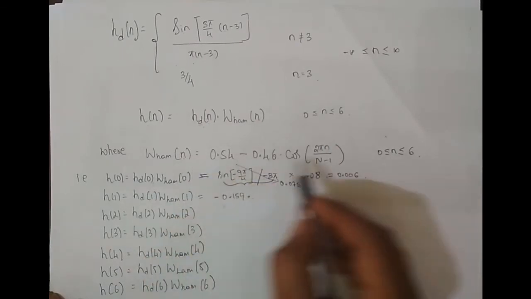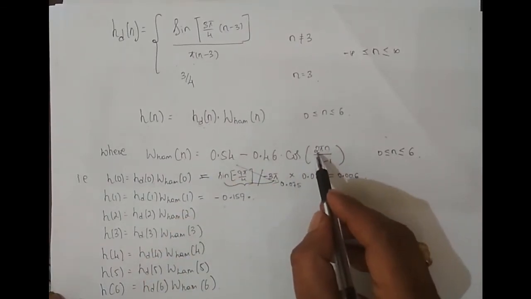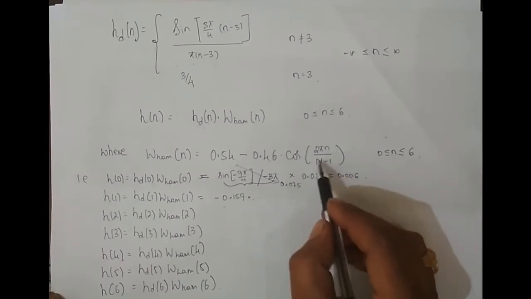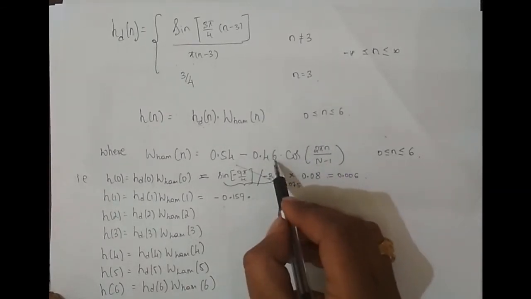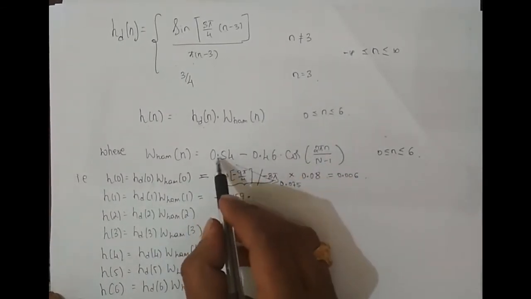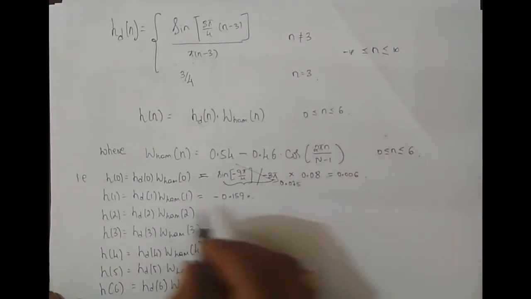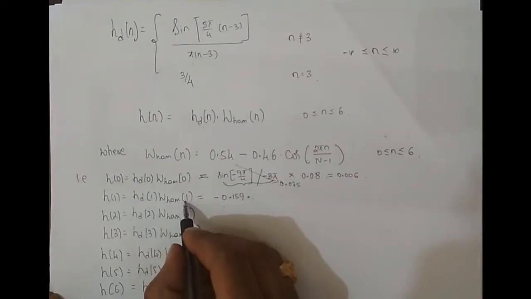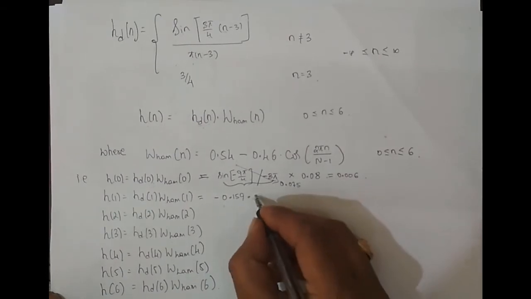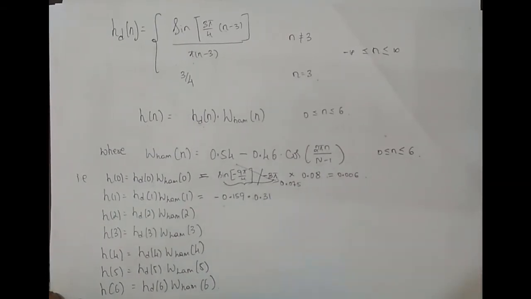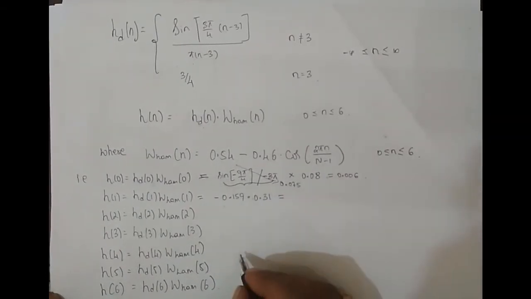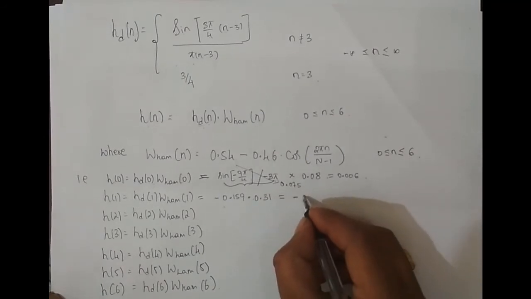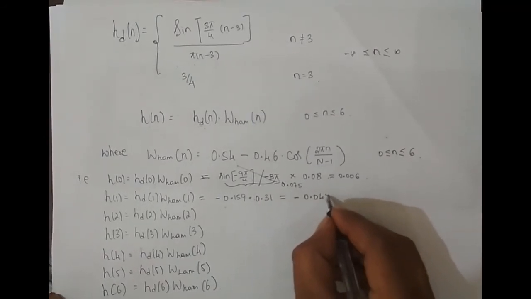When I put n is 1, so this is 2 pi 1, which is 2 pi divided by 6, 2 pi by 6. So cos 2 pi by 6 into 0.46, that has to be subtracted from 0.54. Fine. The value of w Hamming of 1, we get it as 0.31. So when I multiply these two, I end up with minus 0.049.